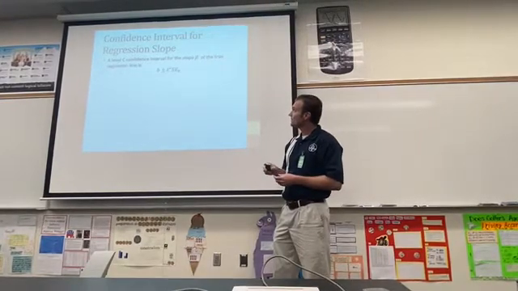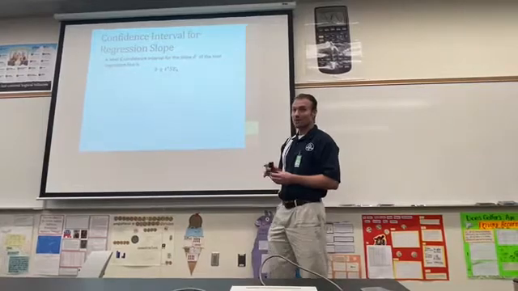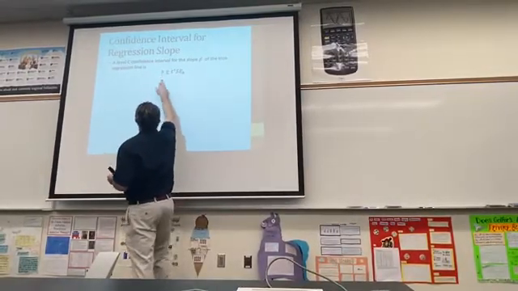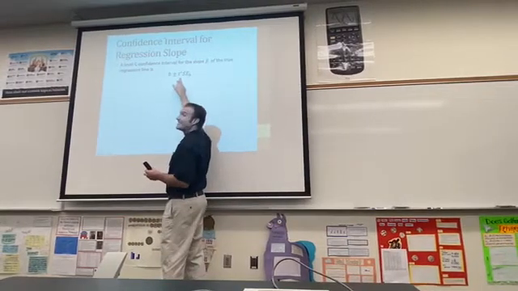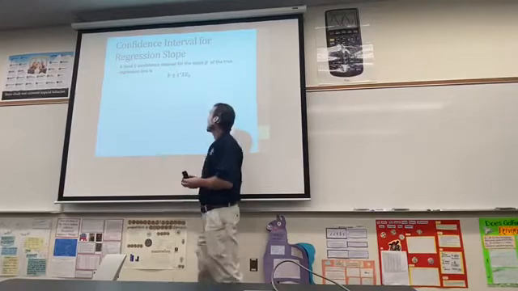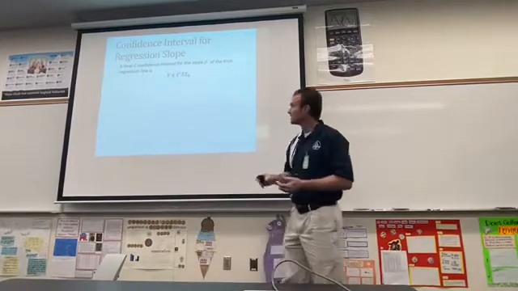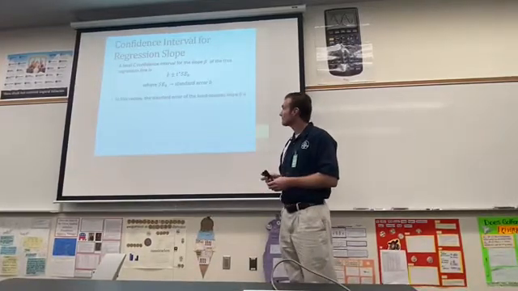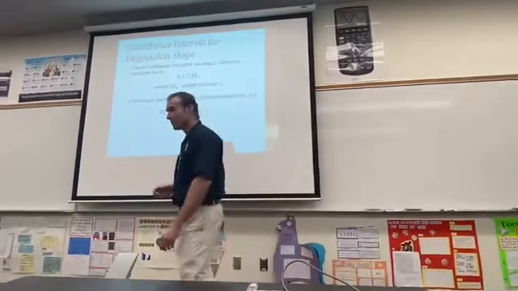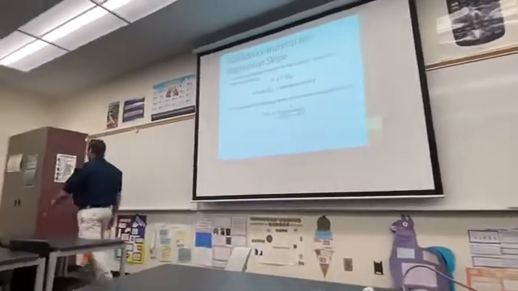Here's how we do a confidence interval for the slope of the line. The statistic that we got from our slope, plus or minus the critical t, so we're going back to t, multiplied by the standard error of the slope. And here's how we calculate the standard error of the slope. Let me grab a formula sheet and see what it looks like on this year's formula sheets.